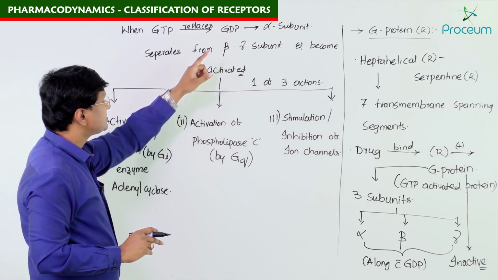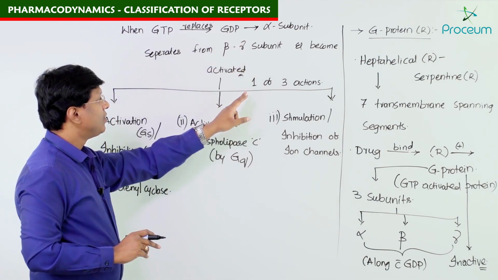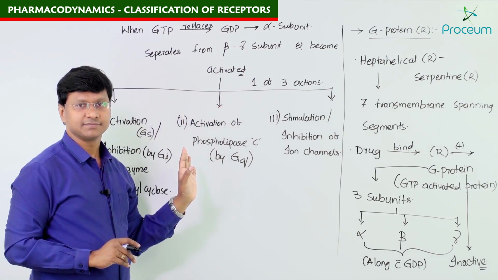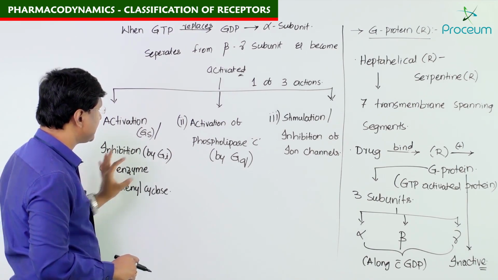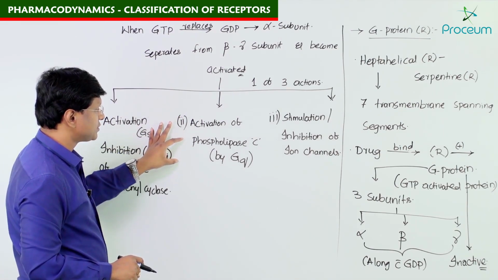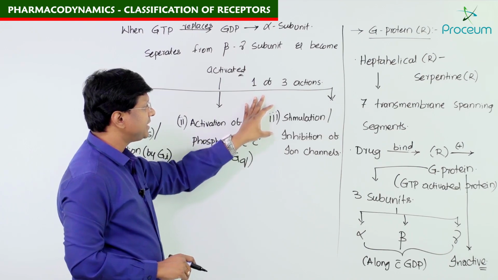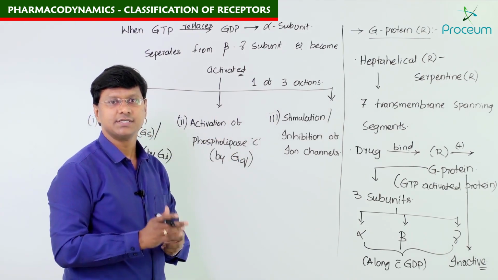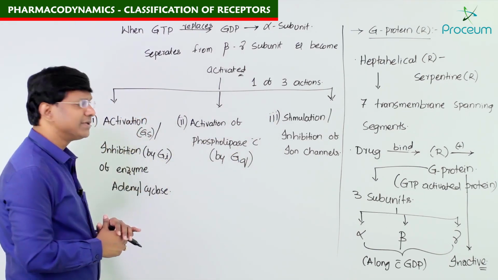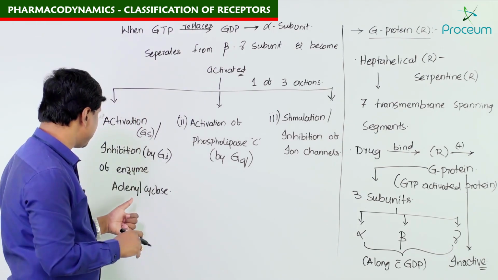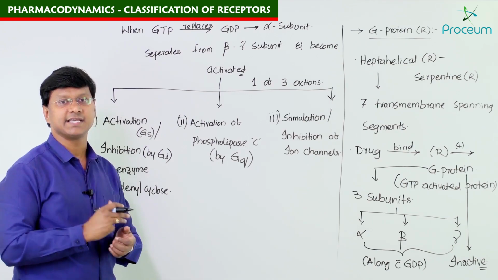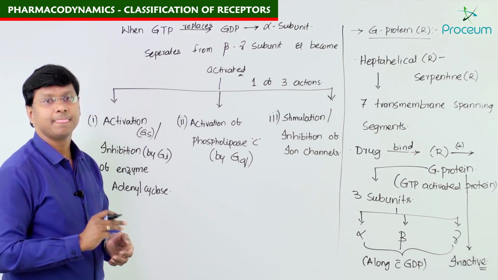So remember, once the alpha subunit is activated, one of the three actions will occur. Either there will be activation or inhibition of the enzyme adenylyl cyclase, or activation of phospholipase C, or stimulation or inhibition of the ion channels. Now let me discuss one by one again. Once there is activation of the adenylyl cyclase, what will happen?